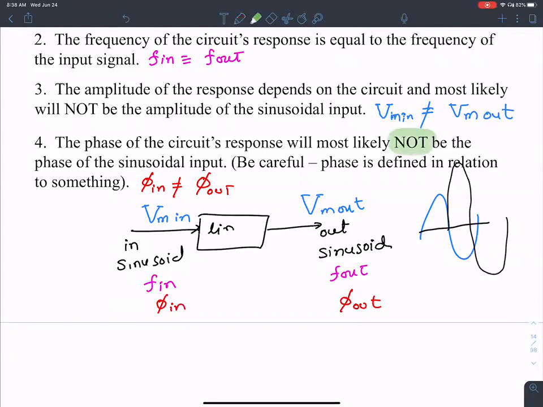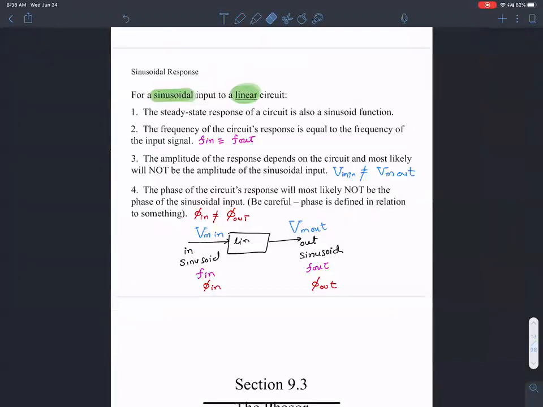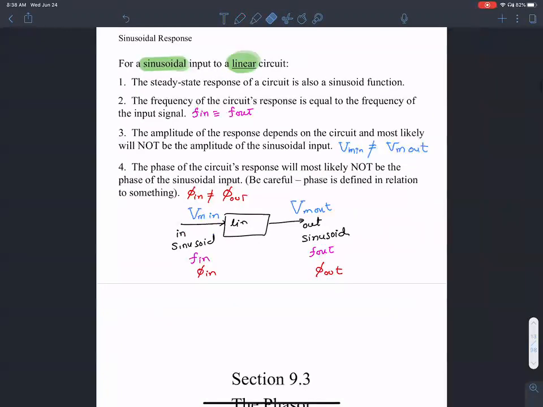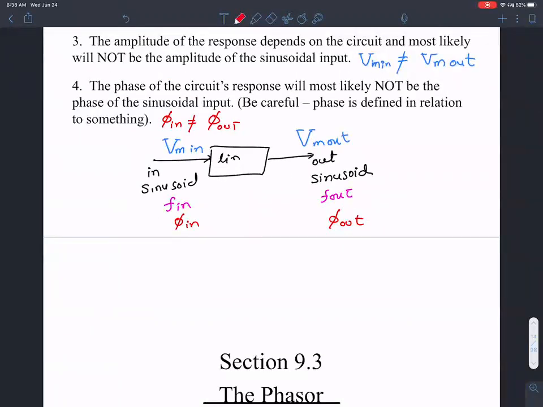More likely than not, it will not be the same. So when I take a linear circuit, what changes is Vm, or the amplitude, and the phase, and what does not change between the input and output is the frequency.